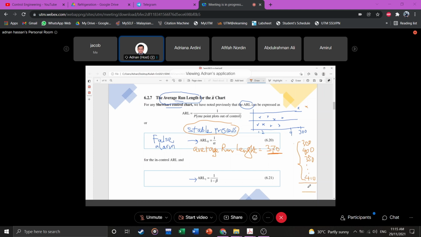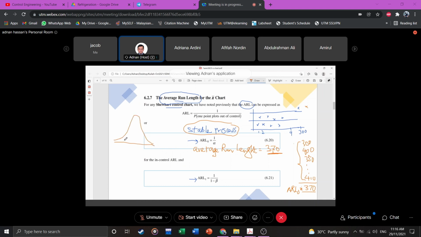So finally, on average, ARL for a stable process, we call it ARL node, is equal to 370. How can we prove this theoretically? I go back to our famous normal distribution. Here we have our normal distribution.